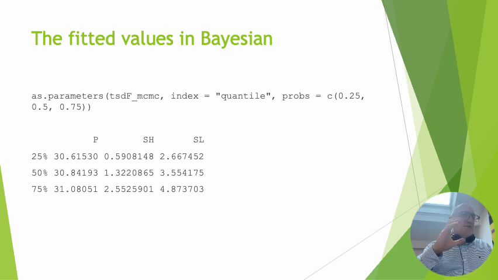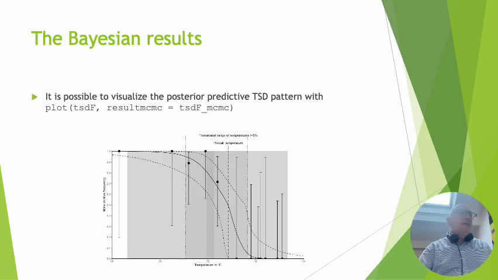You have 50% of chance that P is within this range. SH from 0.6 to 2.6. SL 2.6 to 4.8. So, in conclusion, you know relatively well P, but you don't know very well SL and SH, so the TRT.